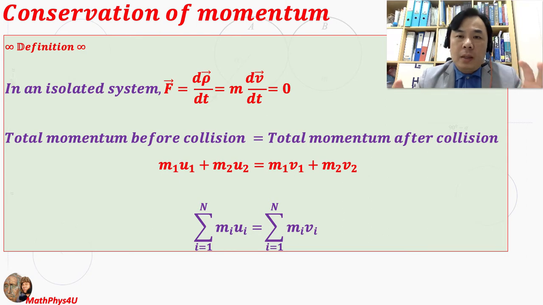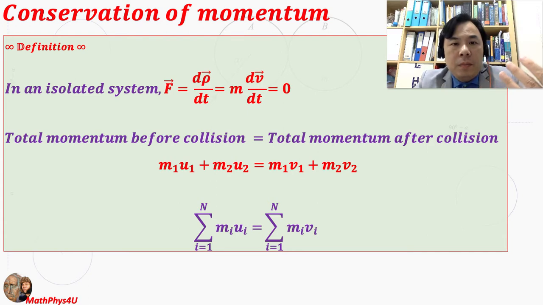We can write the conservation of momentum in a more explicit form by saying that the total momentum before any collision must be the same as the total momentum after collision. Or simply put, the total momentum for any objects involved in a collision in a closed system would always remain constant.